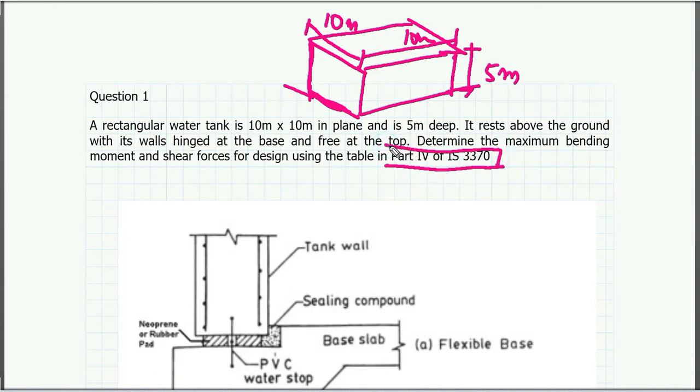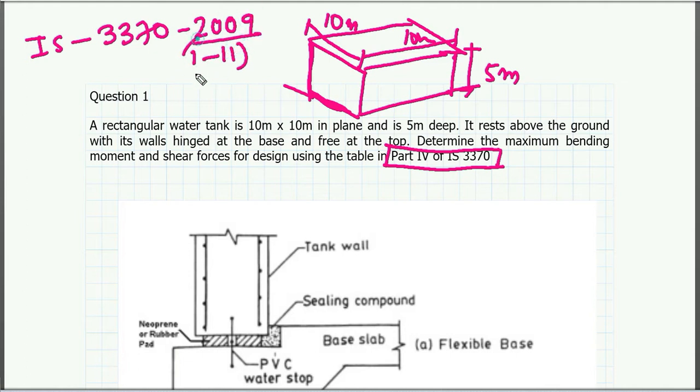So one thing that I should tell you before going into detail of this particular problem is that the Indian Standard codes available for designing of liquid retaining structures are IS 3370. These were revised in 2009, part 1 and part 2. And there are also two other parts, part 3 and part 4.